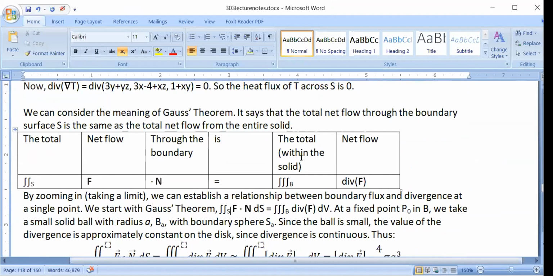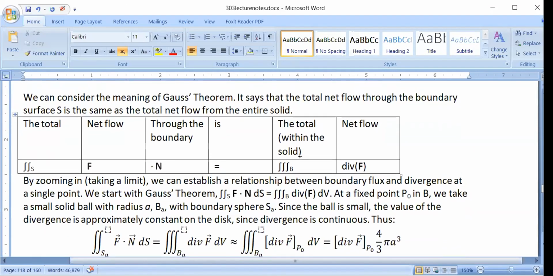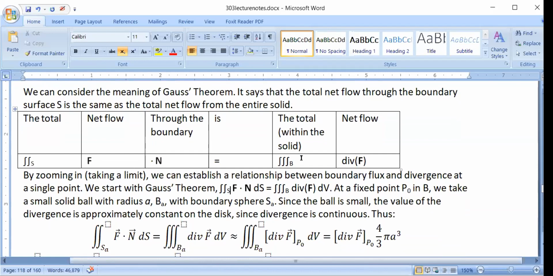So now let's think about what this means at a particular point, which I'm going to call P0. So take some point P0 in my solid.